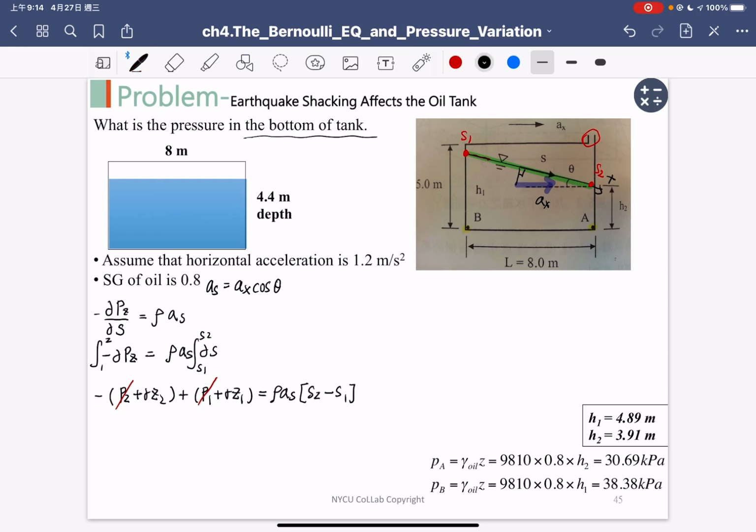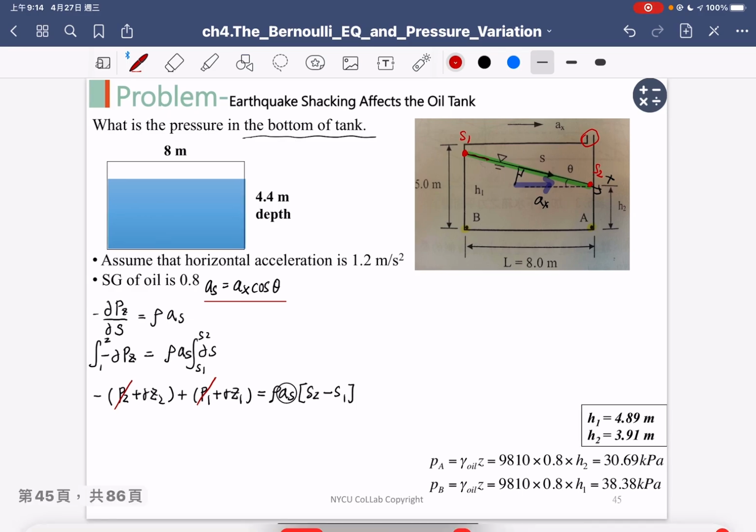Okay, and then we know that the AS here is equal to the AX cosine theta. So we can summarize the equations.